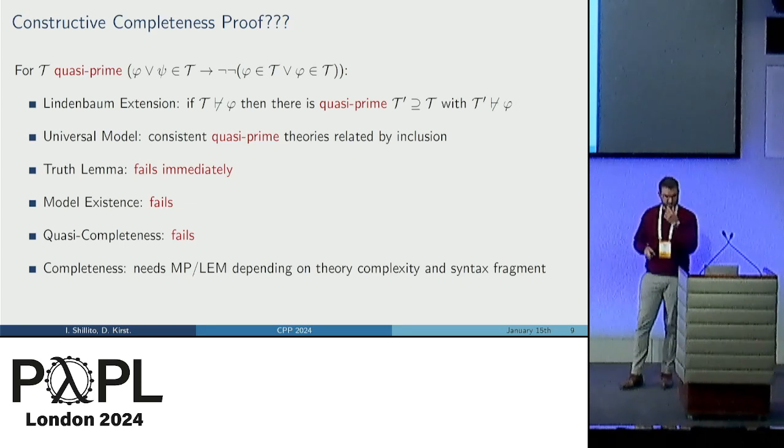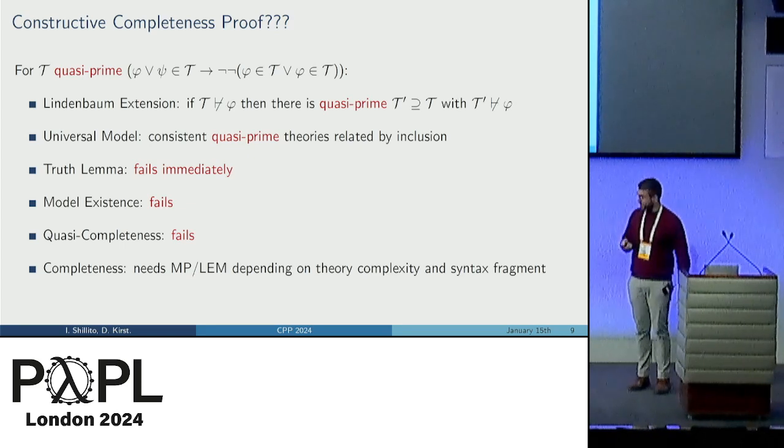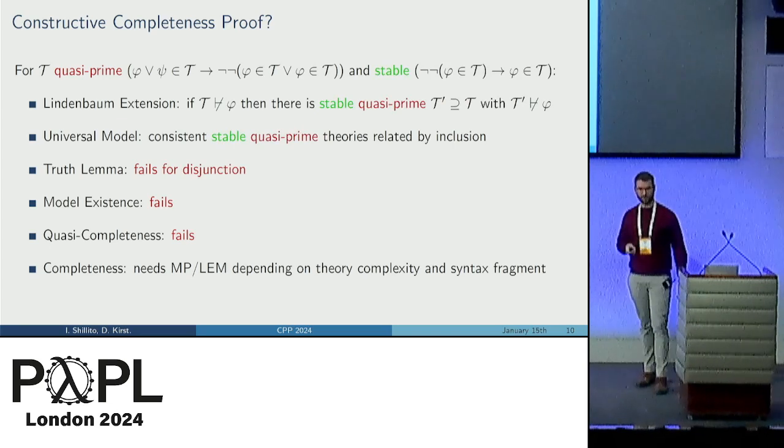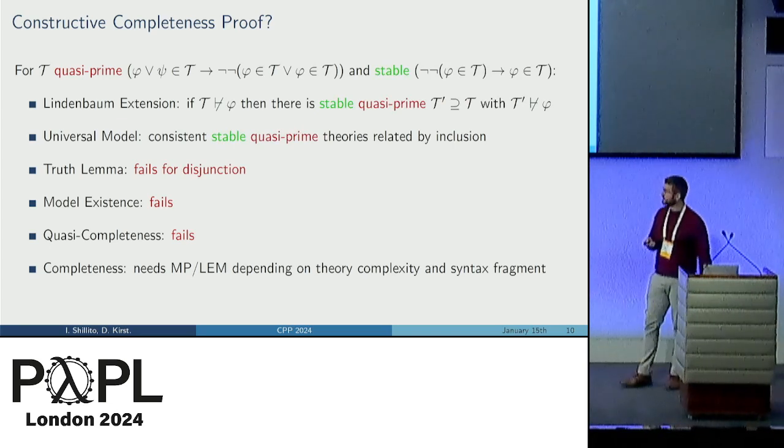So the first attempt fails completely, but you can look at it a bit more carefully, which gives you already a bit more hope. Namely, you can observe that the Lindenbaum extension is actually a negatively described iteration process.